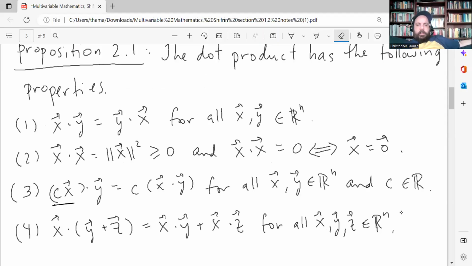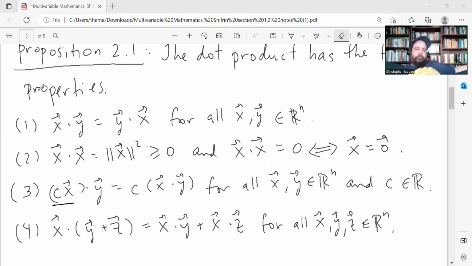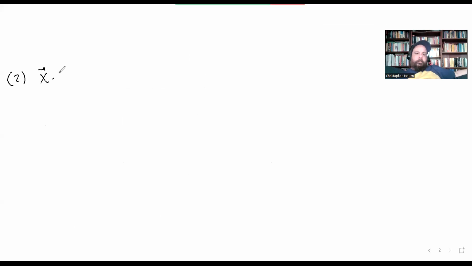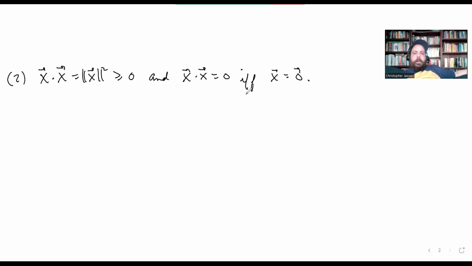x dot x is the length of x squared. Let's actually do that. x dot x equals the length of x squared, and x dot x equals 0 if and only if x is the zero vector.